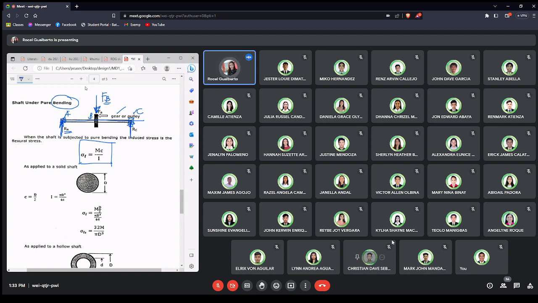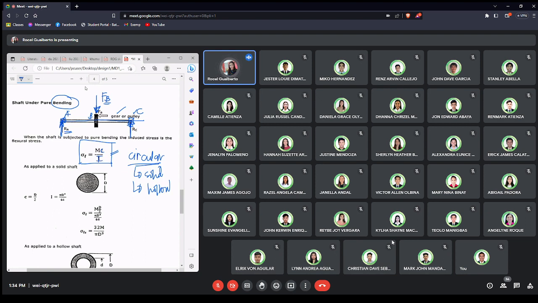Ngayon lang po, anong pinagkaiba niya doon sa pure bending natin? Here, we will be considering po a circular cross-section since yung shaft po natin is mainly a circular cross-section. So, it's either lang po solid o kaya po ay hollow. So, yun po yung ipapalit natin doon sa C at saka sa I na yun.